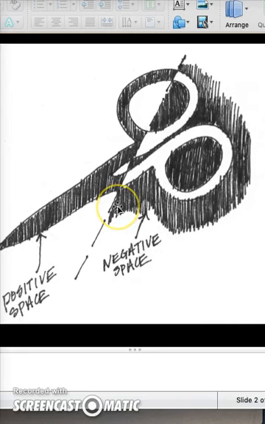Put together, they still read as scissors, but that inversion of the value is far more interesting, and it allows for embedding a lot of information into your drawings and paintings and designs. And it also allows you to see differently. So we don't look at the figure when we do positive negative drawings, we look at the spaces between.